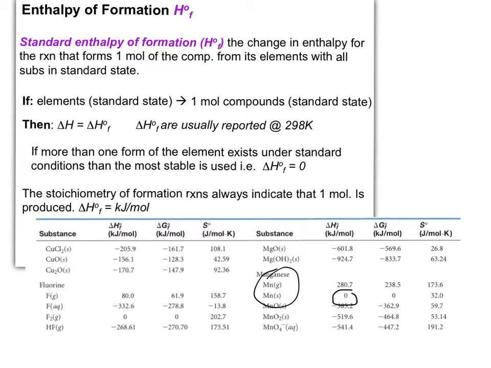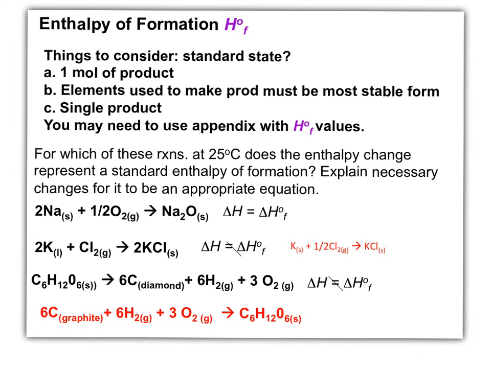situation. So now that we understand the standard enthalpy of formation tables and how to actually select the appropriate substances in their standard state, let's go ahead and look at a few more details. So identifying reactions that actually can represent the standard enthalpy of formation, we have to follow a few rules.